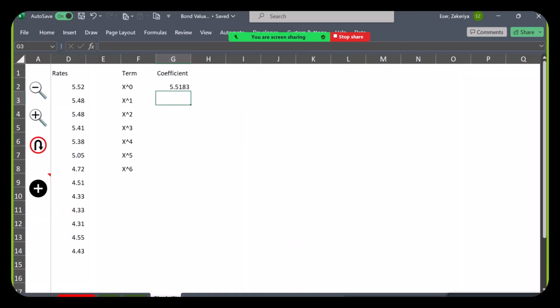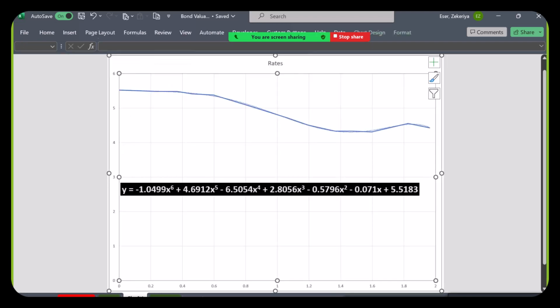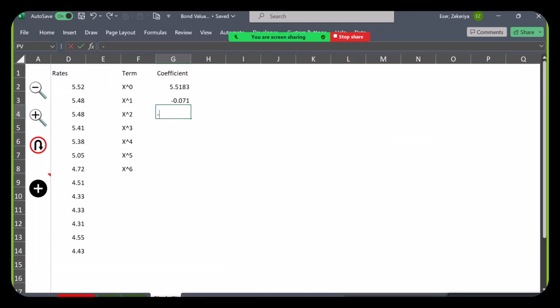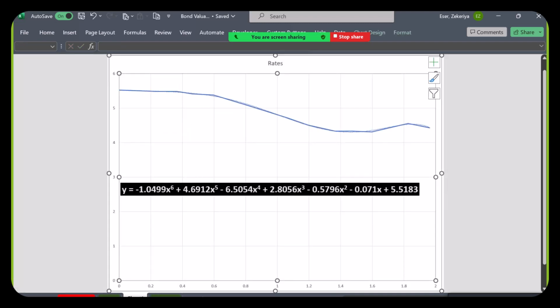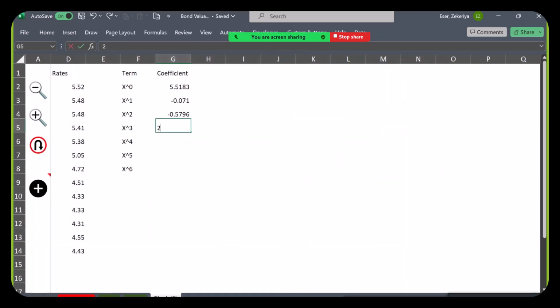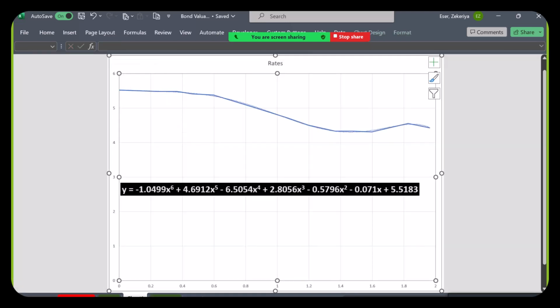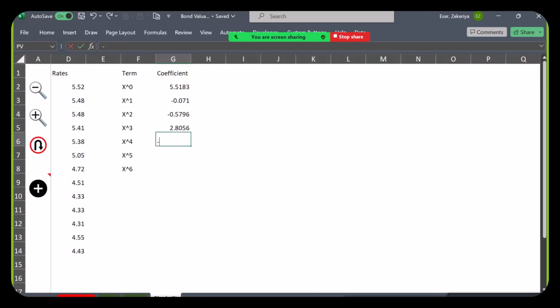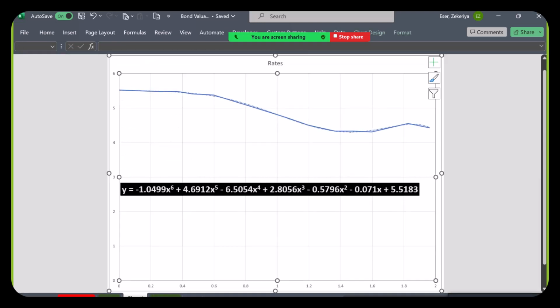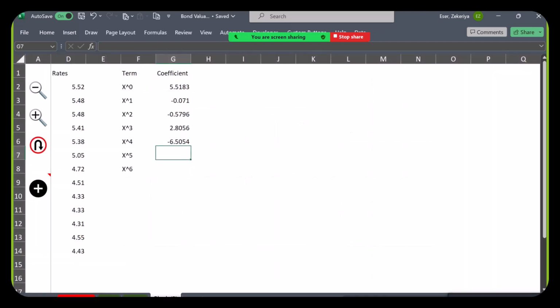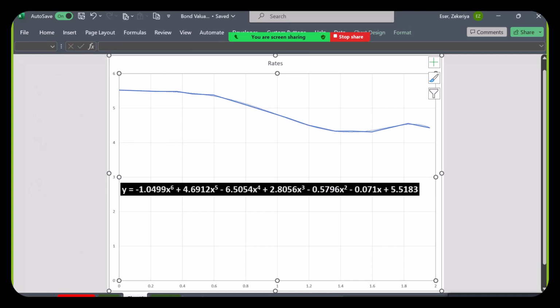Negative 0.071, negative 0.5796, 280.56, negative 650.54, positive 469.112, and negative 1.0499.